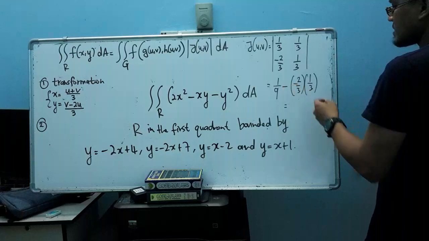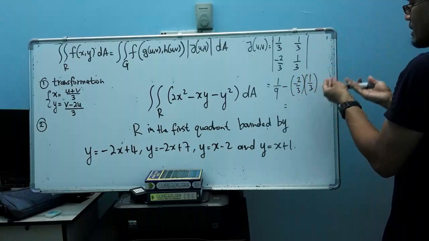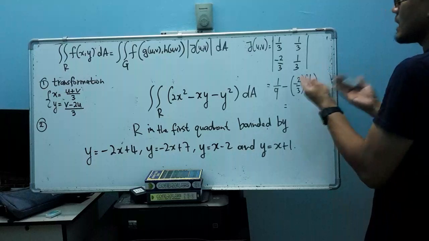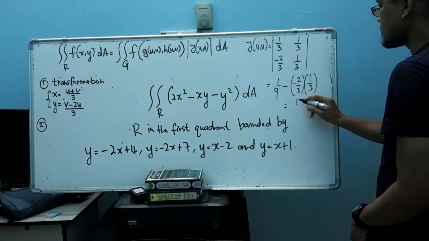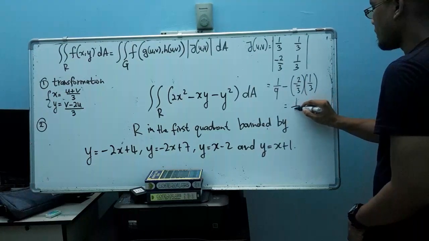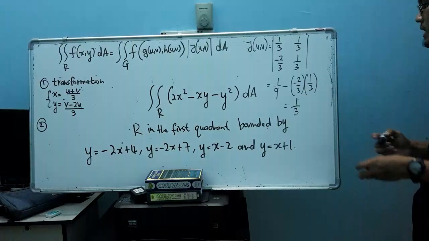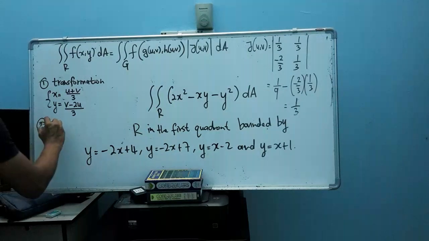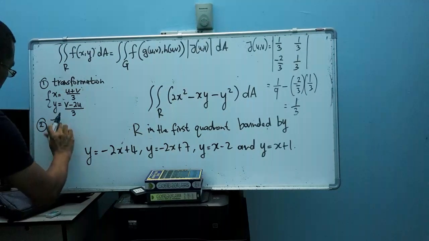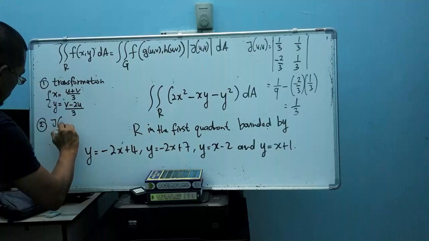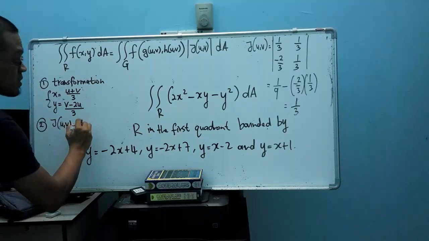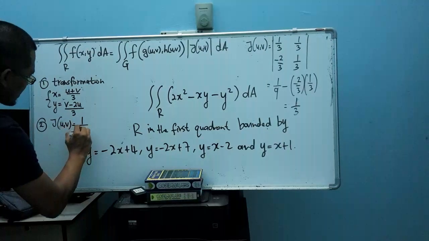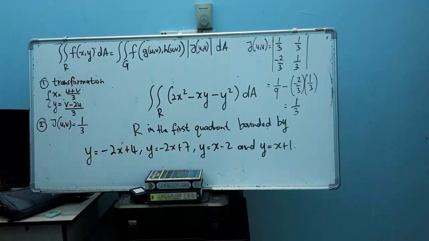So 1 over 9 plus 2 over 9 gives me 3 over 9, which is equal to 1 over 3. So the Jacobian J(u,v) is equal to 1 over 3. Okay, so this is the second step.